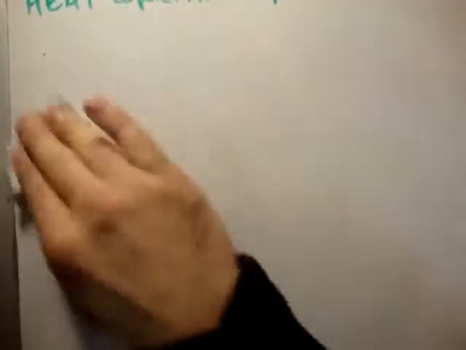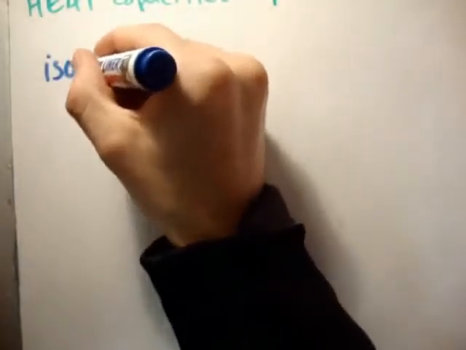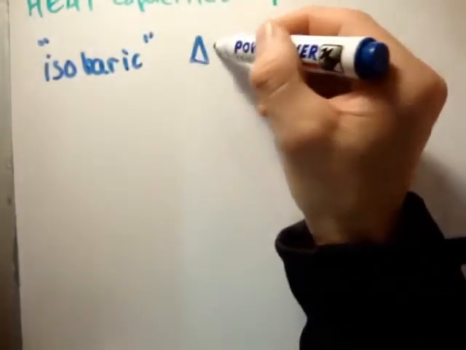So let's talk now about an isobaric process. Here, delta P is equal to 0.